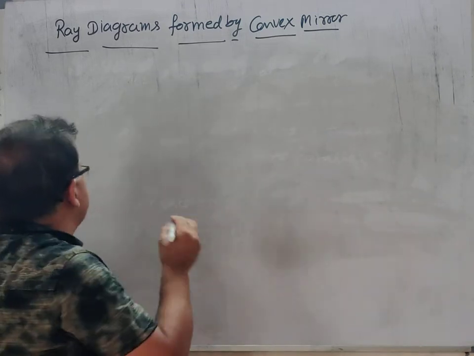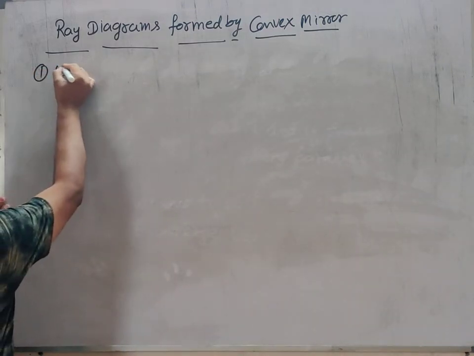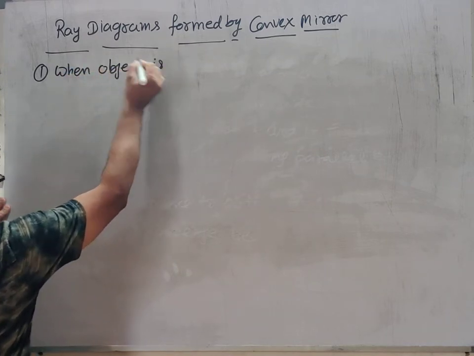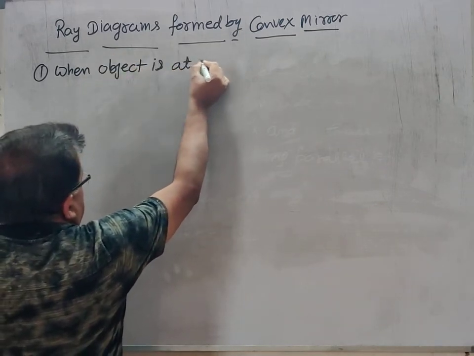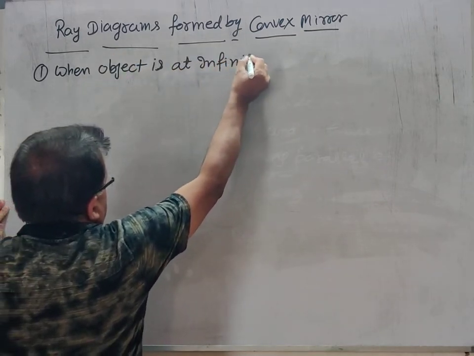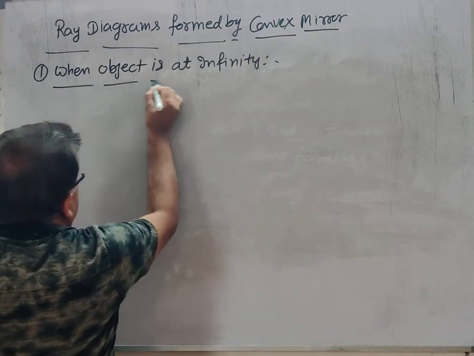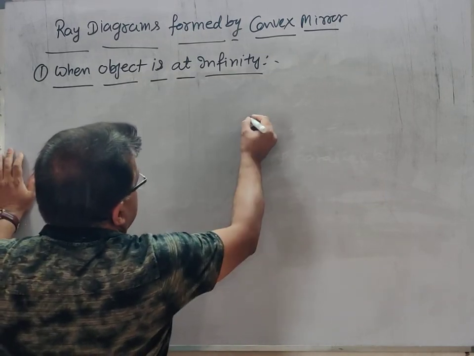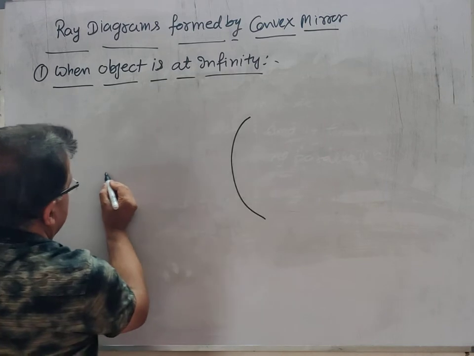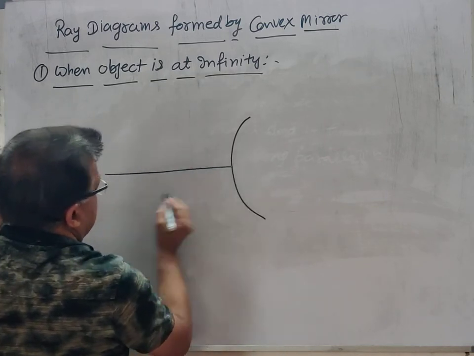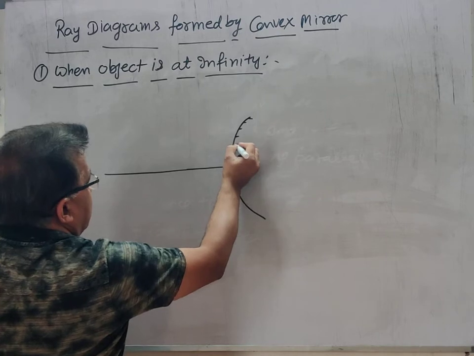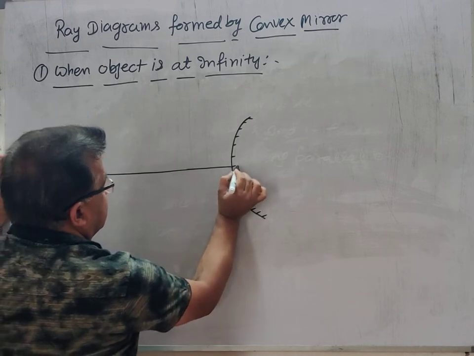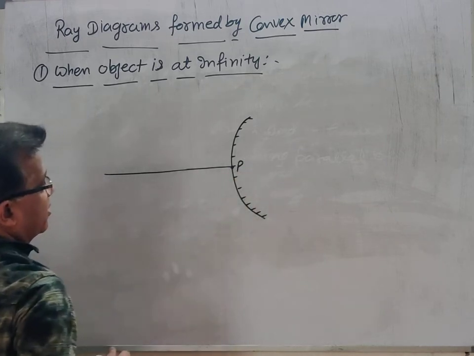So first, when object is at infinity. It is pole, it is convex mirror.